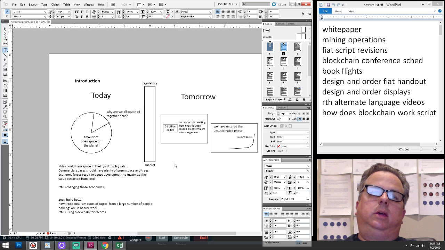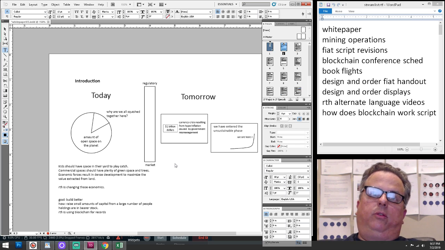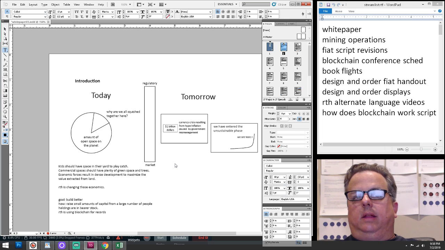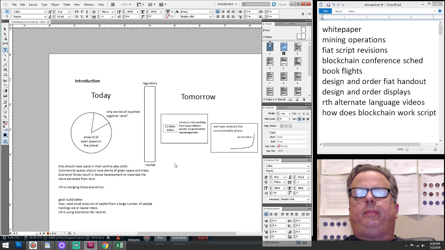So in an environment where we all switch to using Bitcoin, there's going to be some extremely, extremely, extremely wealthy Bitcoin owners. And I think that's a problem.